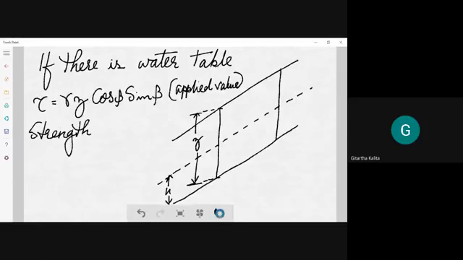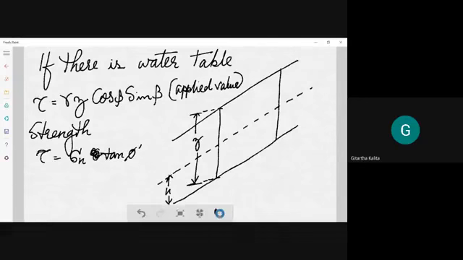So the water will reduce the strength. Earlier, we have already got the shear strength is equal to sigma n tan phi.